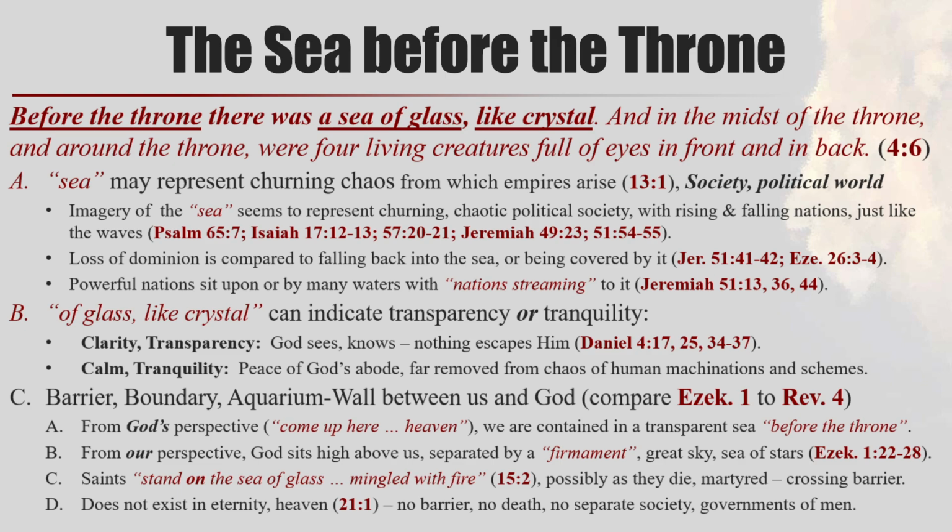So again, if it's the earth, if it's people, if it's governments, if it's kings, all of that society, that's done away. If it's a barrier, if that's only what it's trying to communicate to us, that barrier is removed by the time we get to heaven. So it's hard to say if it's any one or any combination of these. I think there's good reason behind all of them and probably the combination of all of them.